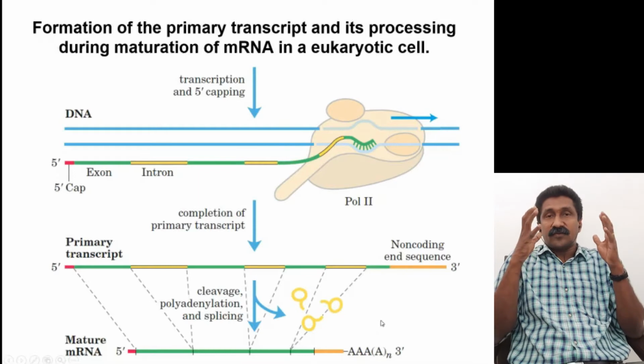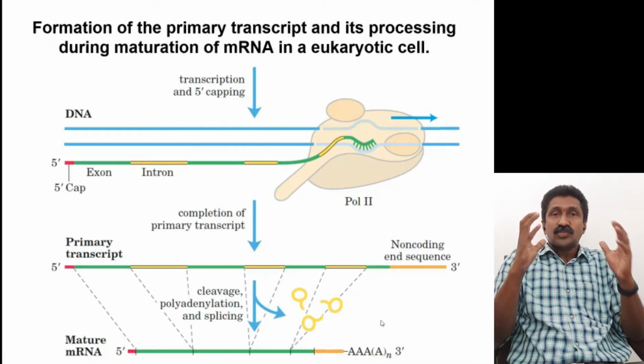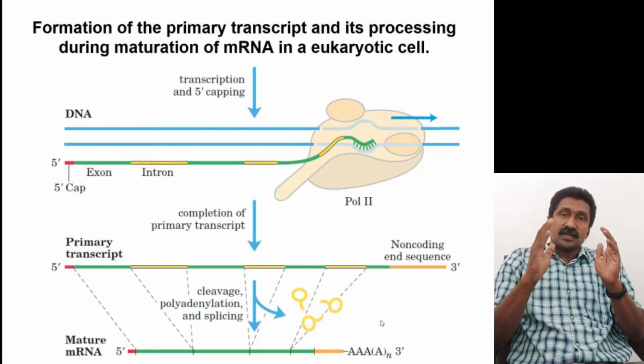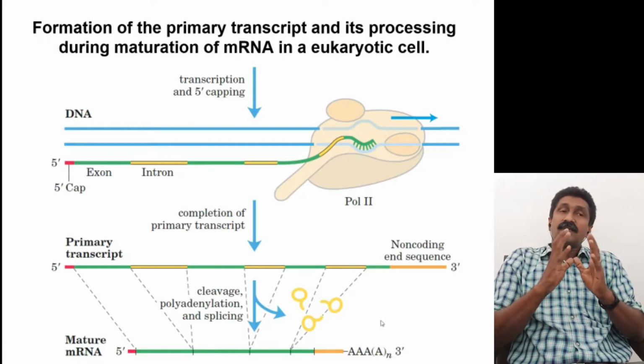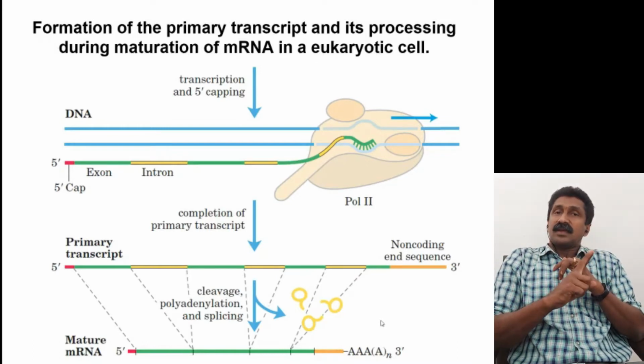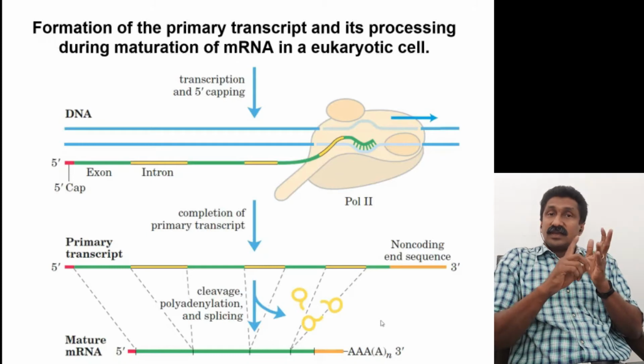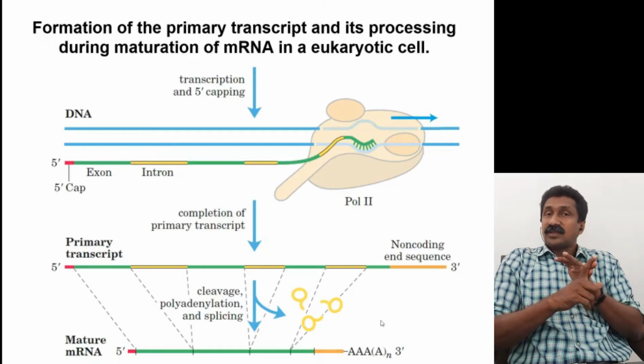So in the case of a final mature mRNA that is produced in a eukaryotic system, we will have a 5' cap at the 5' end. Exons are joined together after the removal of the intron units.